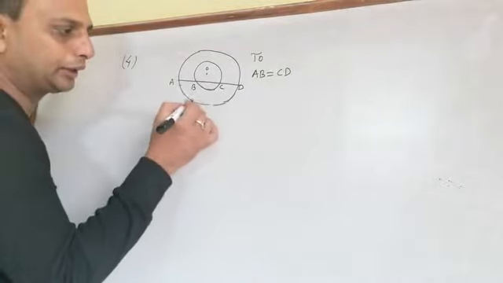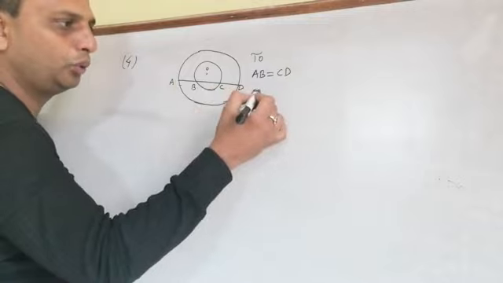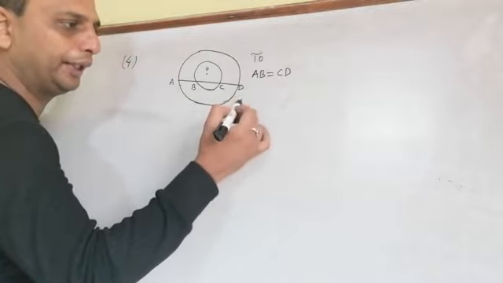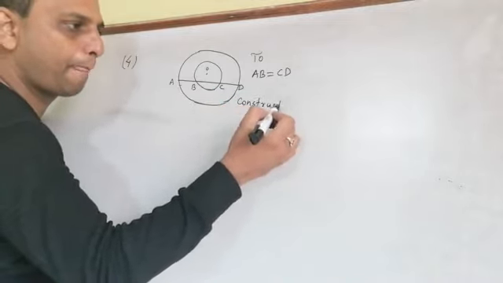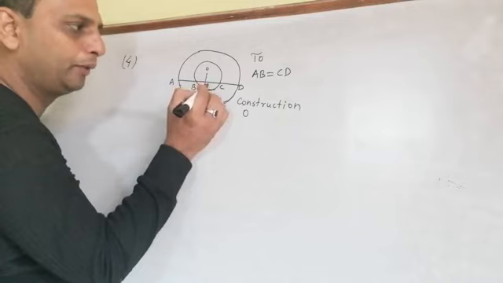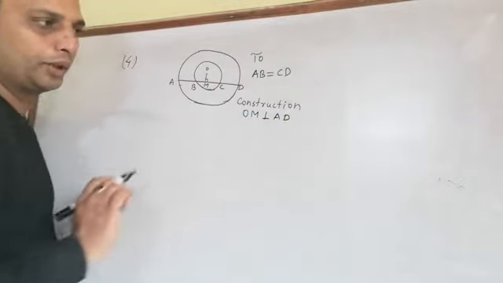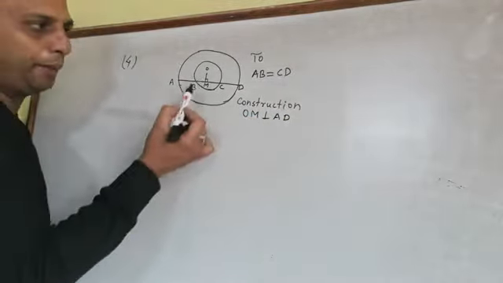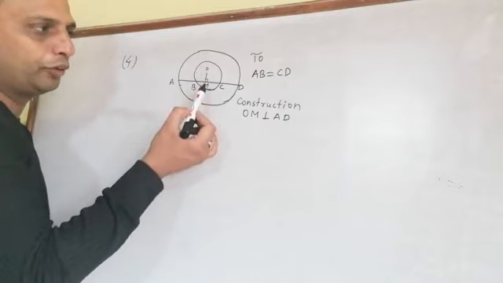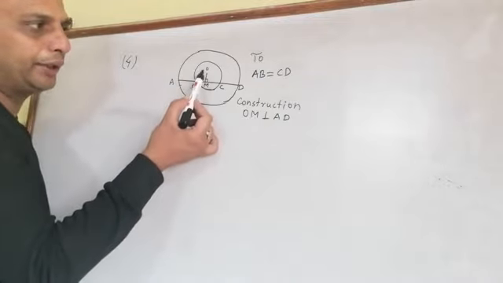Now we have to prove AB is equal to CD. So for that we will make one construction. We will draw one line OM perpendicular to AD. In the construction we write OM perpendicular to AD, making 90 degrees at M. Now if OM is perpendicular to AD, it will bisect the chord, because according to the theorem 10.3, a perpendicular drawn from the center of the circle to the chord bisects the chord.